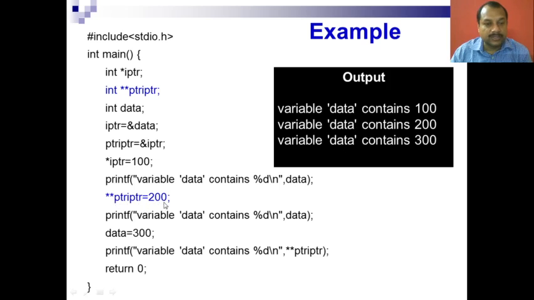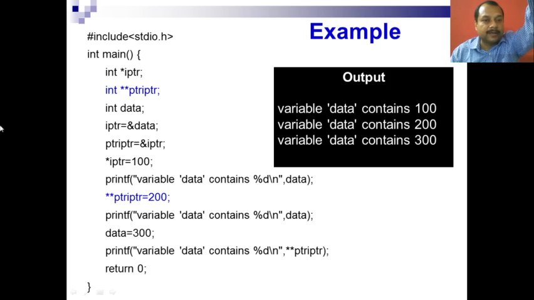If I write using this one 200, then what will happen? First star will indicate that ptriptr is storing one address of a pointer variable. It will go to that location, and then second star indicates that it is storing the address of a memory location, go to that, and that is the storage of an integer variable.